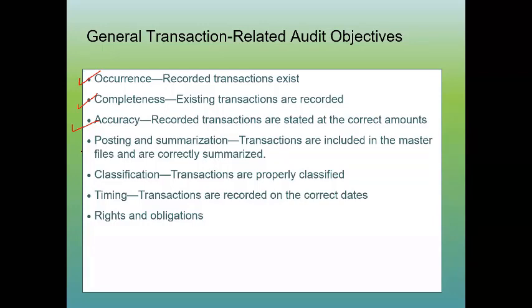Okay, the transaction is included in master files and correctly summarized in the T account or the ledger account. Type. Classification, as also we said before, we have 6 journals. We have to make sure that all the transactions have been recorded correctly in each type of journal. Timing, which is the cut off, recorded on the correct dates. Right, and an obligation to make sure that the transactions recorded are really the rights or obligations of the company. Okay, very good.